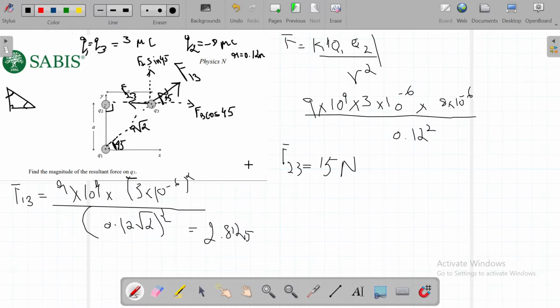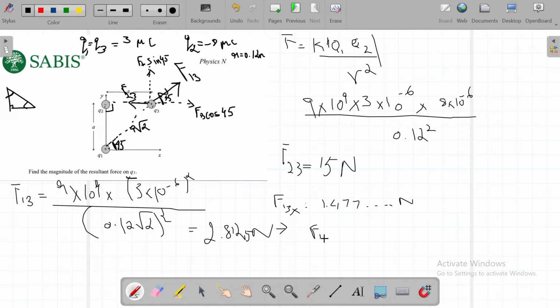You need to remember, I need to find F13 cosine 45. So I'm just going to take this answer and multiply it by cosine 45. If you do it on a calculator, you will get 1.477 whatever Newton. That is F13x.